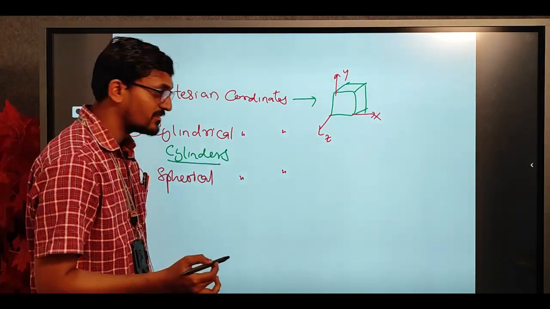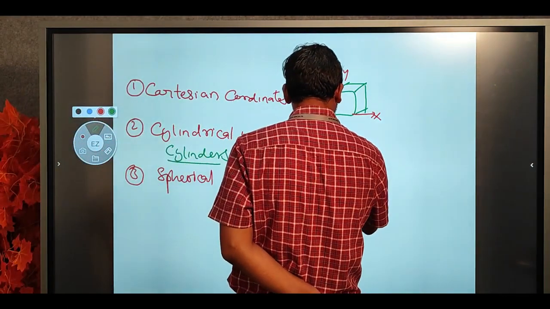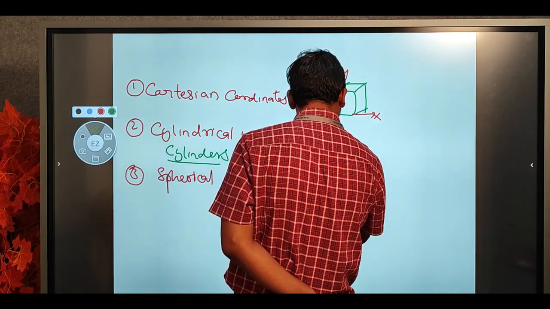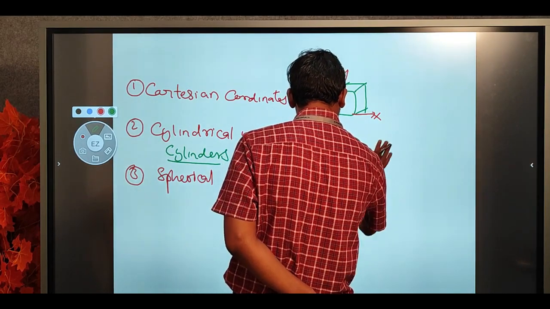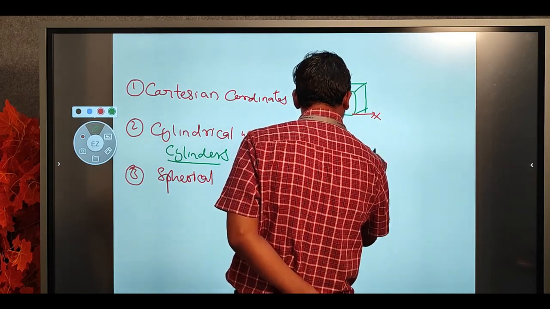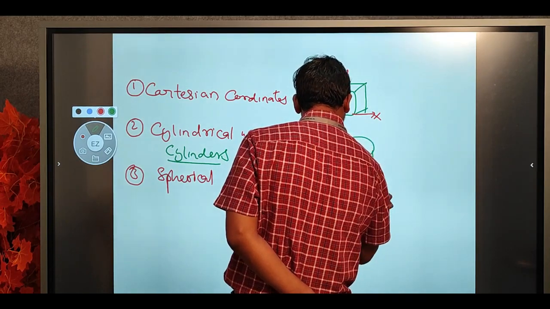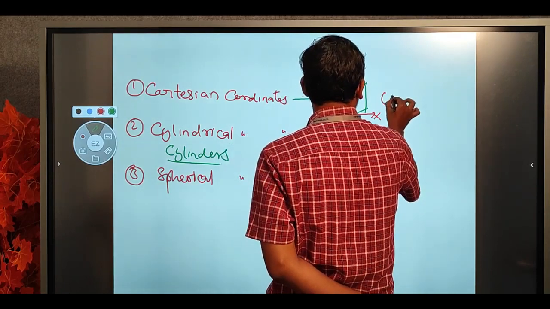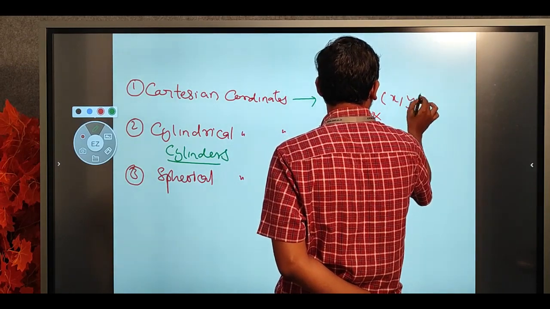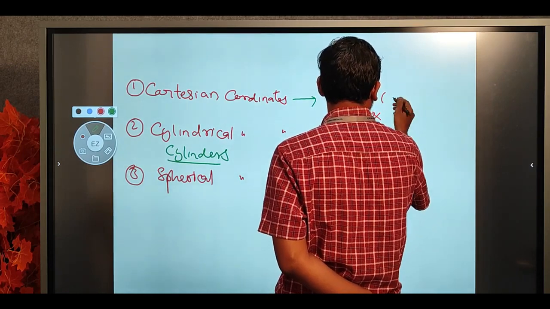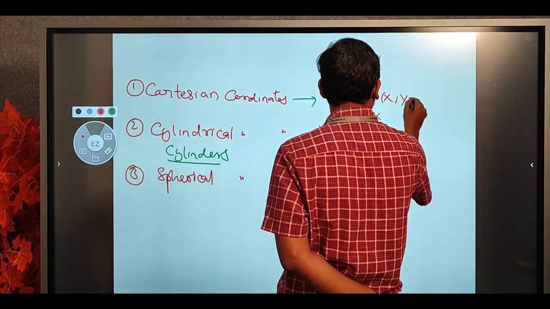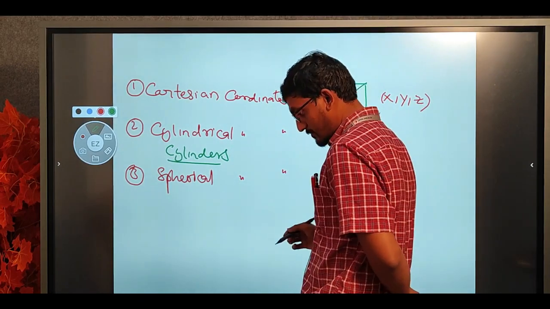For example, consider a cylinder. Here the coordinates are x, y and z axis.